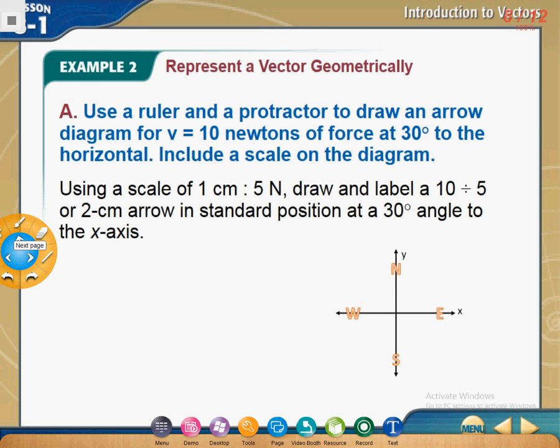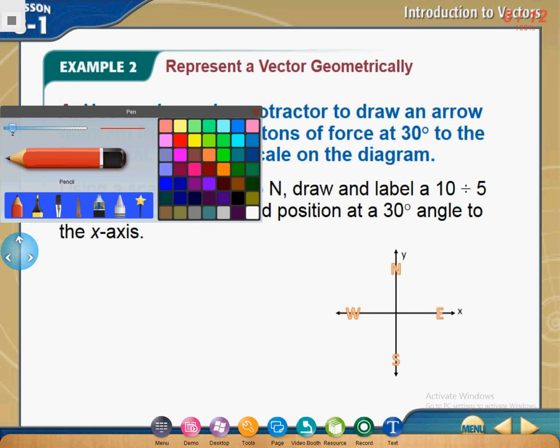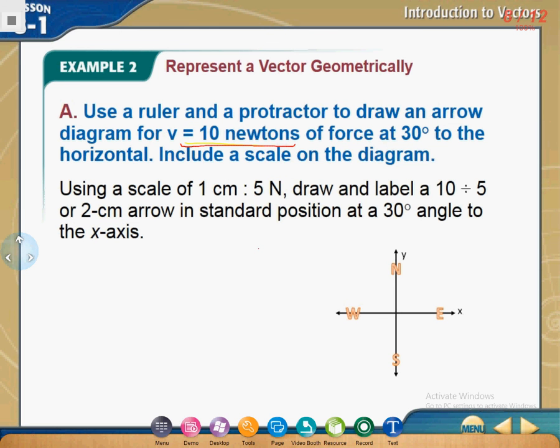Okay. Another question. Use a ruler and protractor to draw an arrow diagram for V equal 10 newtons. Okay, let's put a line here. Changing the color. What do we call this, 10 newtons? Yes, it's the magnitude. What do we call this? It's an angle.